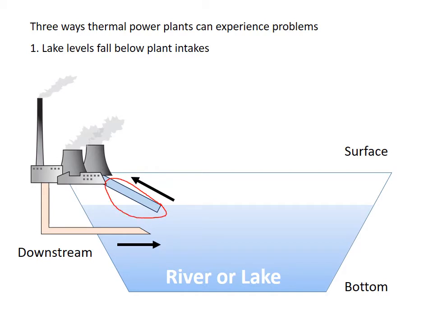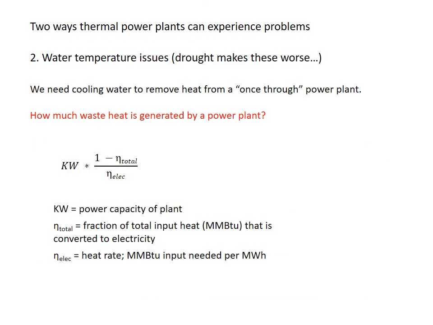And if the water of a river or lake goes below that, there's nothing you can do about it. You just have to shut your plant down. So while it is possible that power plants experience outages because water levels fall below plant intakes, it's not very common.